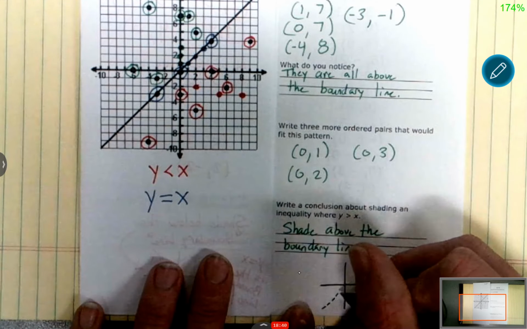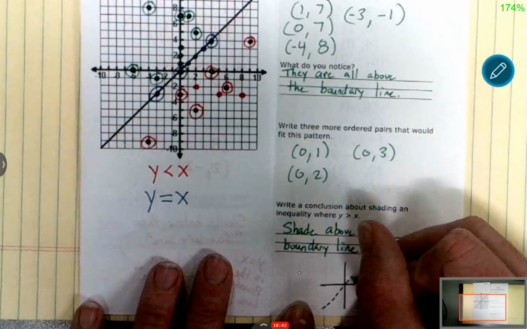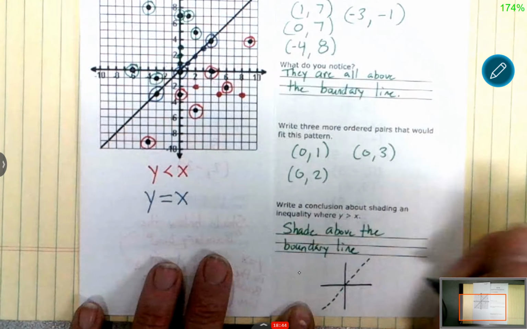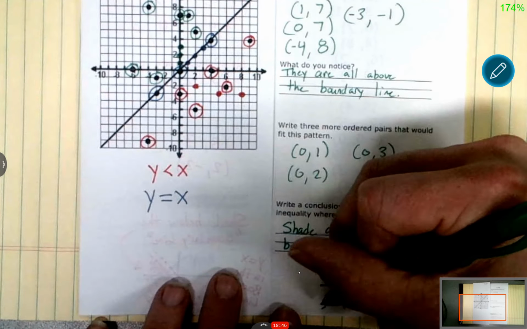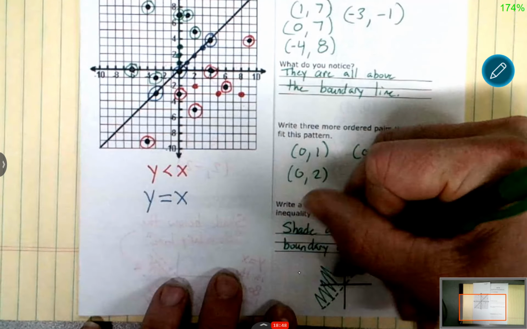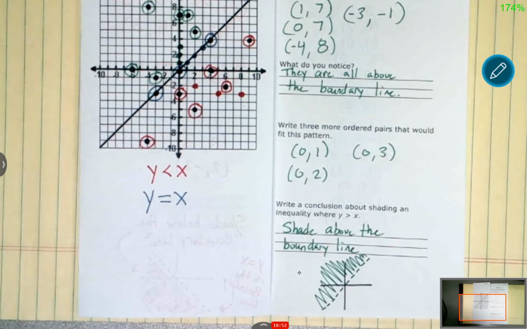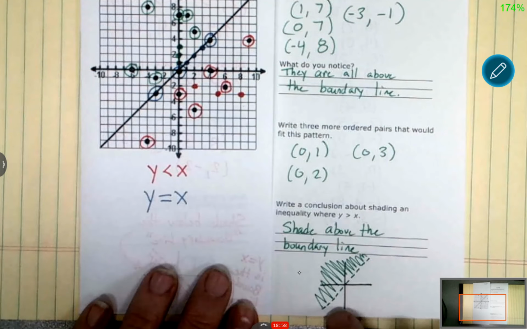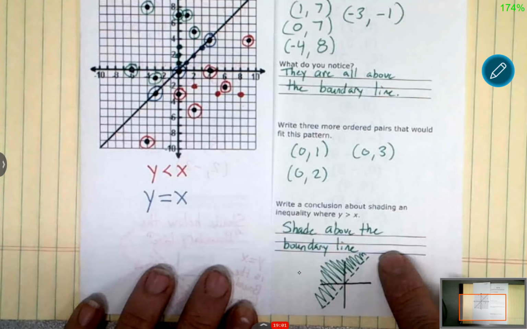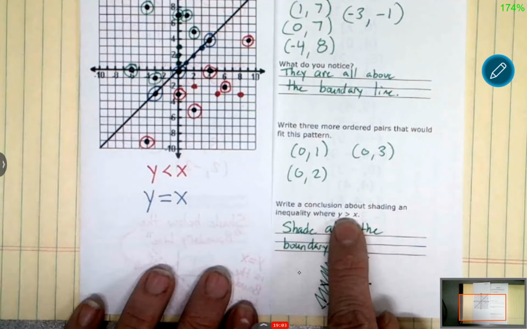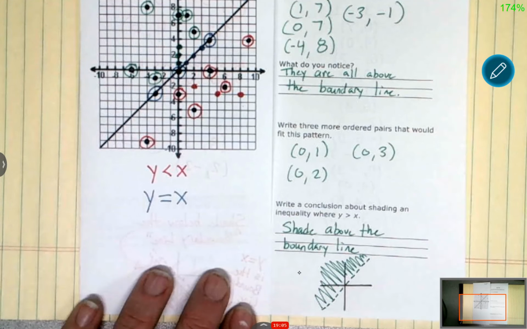If it were y is greater than or equal to x, then I would do a solid line. So the dashed line kind of is like an open circle. If y is not equal to x, then my solutions won't be on the line. They're only above the line because y is greater than x, but not equal to it.